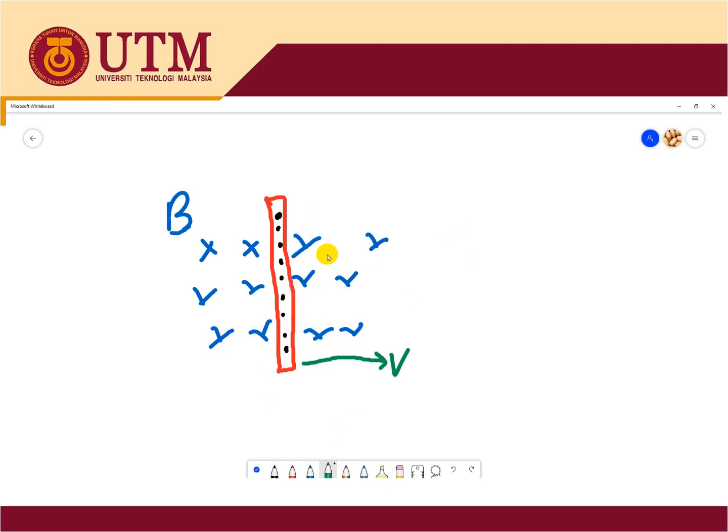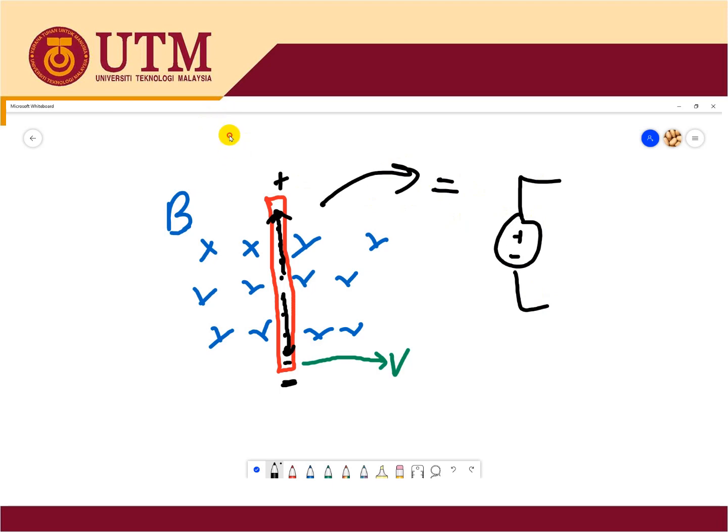So the positive charge will move in this direction, and the negative charge will move in the other direction. As a result, this end becomes positive charge and this end negative charge. So this is equal to a battery, like a power source. That is why the Lorentz law can also be used as a generator.